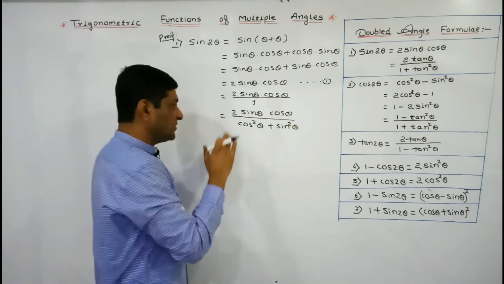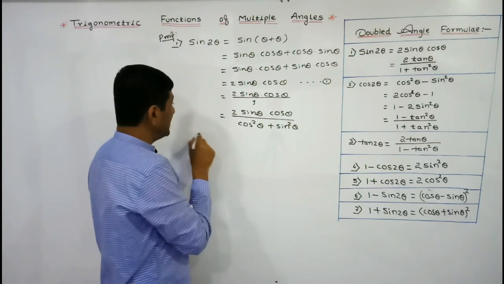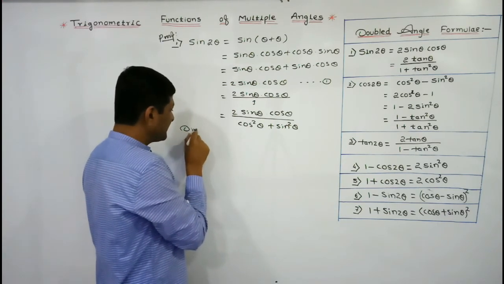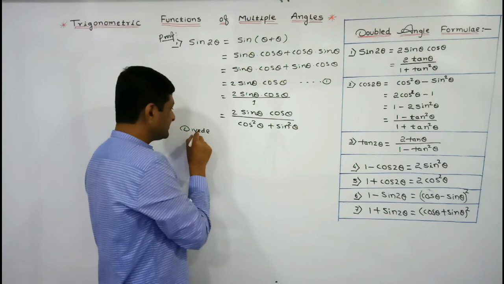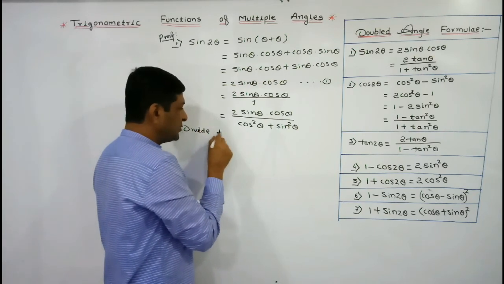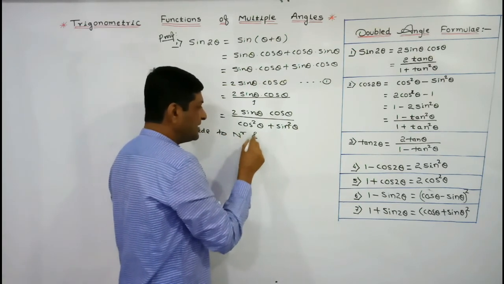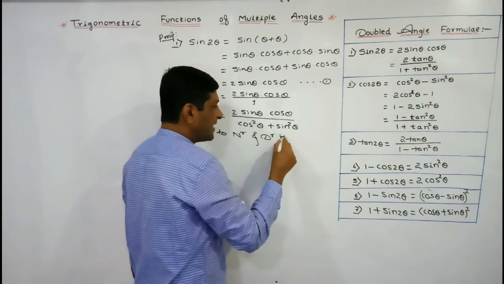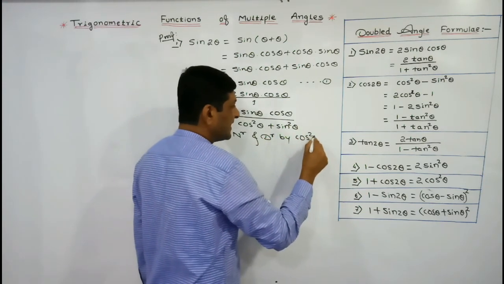Cos theta. So we are dividing the numerator and denominator by cos square theta.